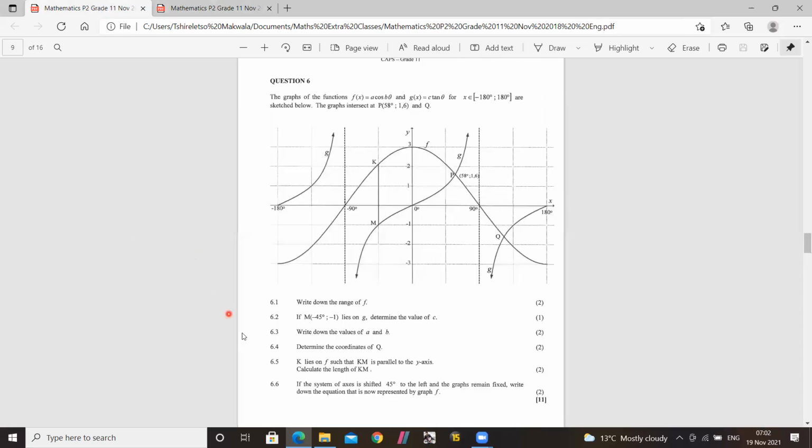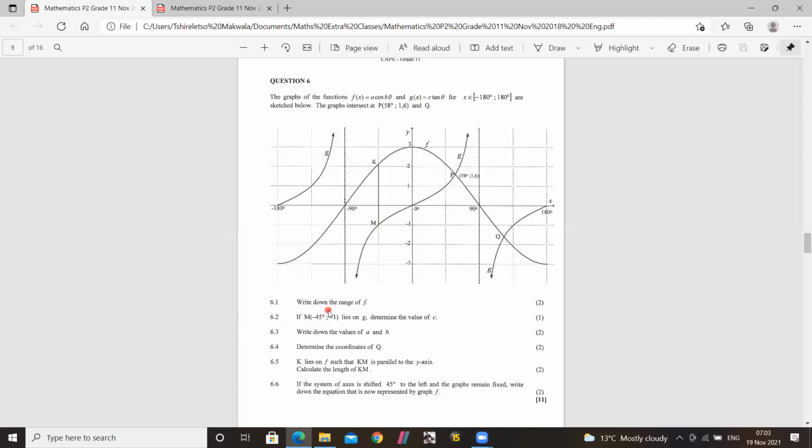Then it says if M lies on g, determine the value of C. So what you're going to do is substitute this into this formula and calculate C. You substitute this one here for g since it's a y, then this one we substitute here for theta.